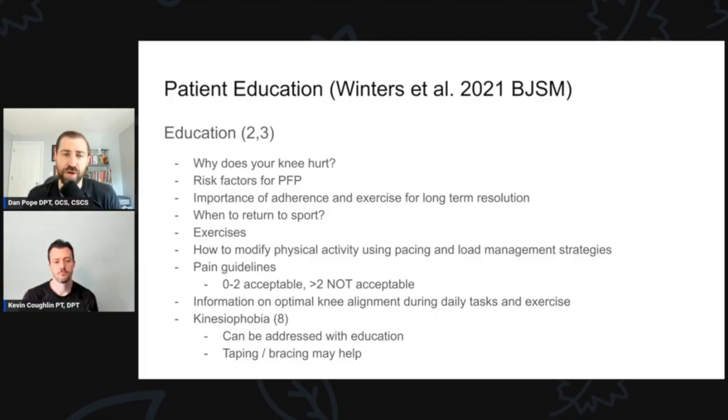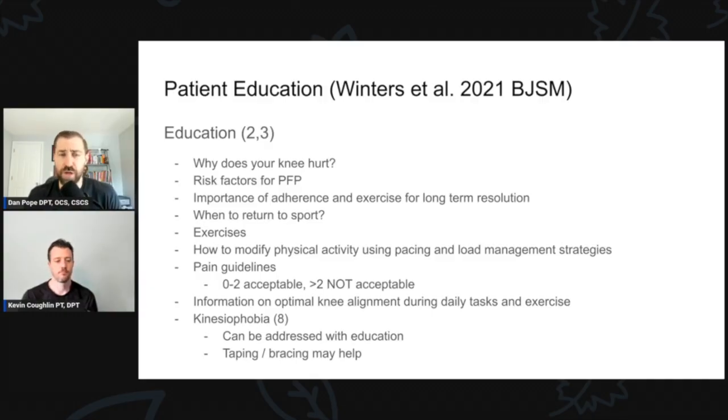And this was studied by Michael Rathleff. Essentially, he wants less than that. So 0 to 2 out of 10 is okay. Anything more than that is unacceptable, right? So keep in mind that this is a little different than most other studies, especially tendon studies. They didn't allow as much pain when they were modifying activities.